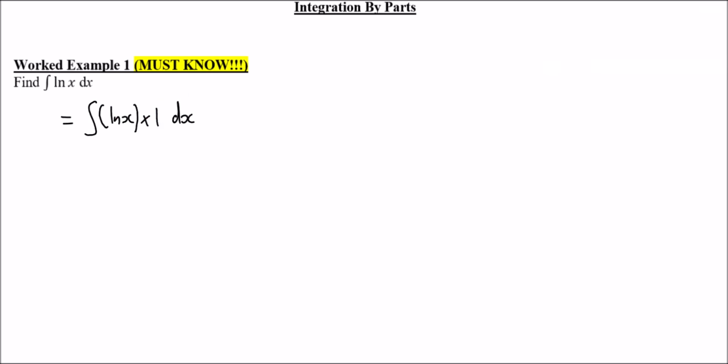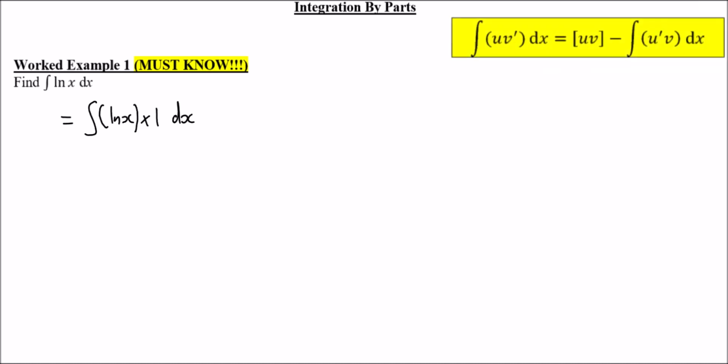We can now think about what to assign as u and v, then we can use the integration by parts result. So using the LIAT acronym, our u is going to be ln x, because ln x comes before any constant. Even though it's not algebraic, think of the constant as being x to the power 0 if you really like.